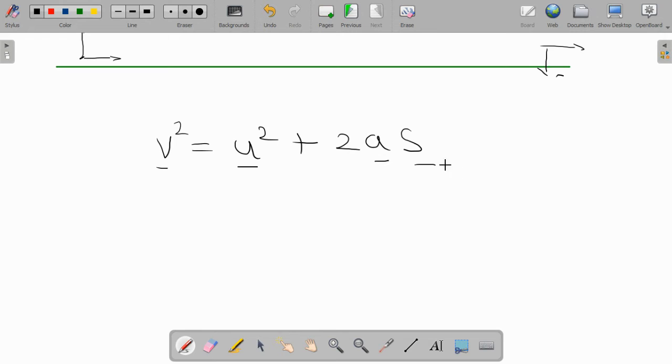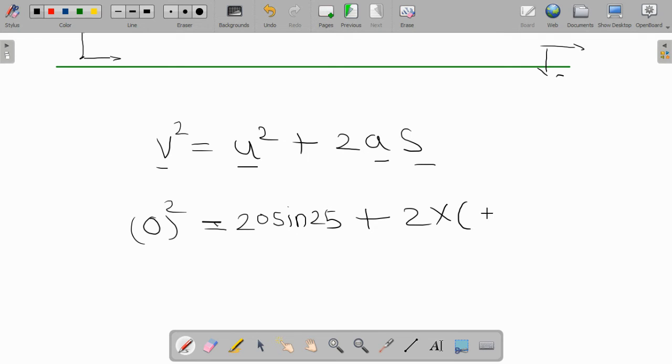In our case, we have final velocity as 0 because at maximum height, the final velocity becomes 0. Initial velocity was 20 sin 25, isn't it? The acceleration due to gravity would be negative.